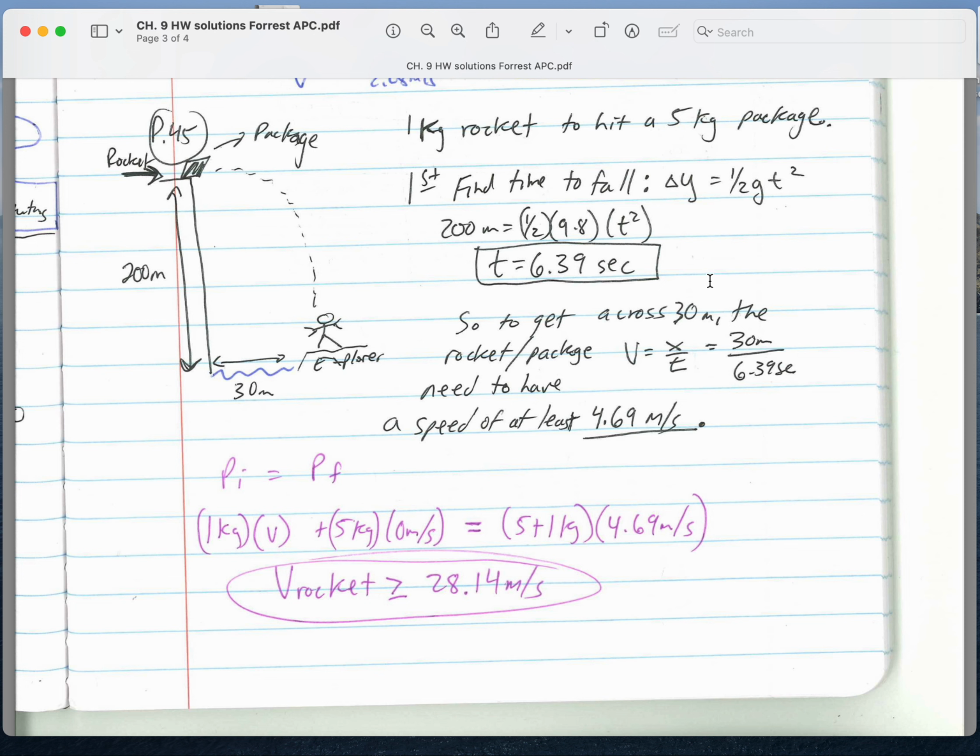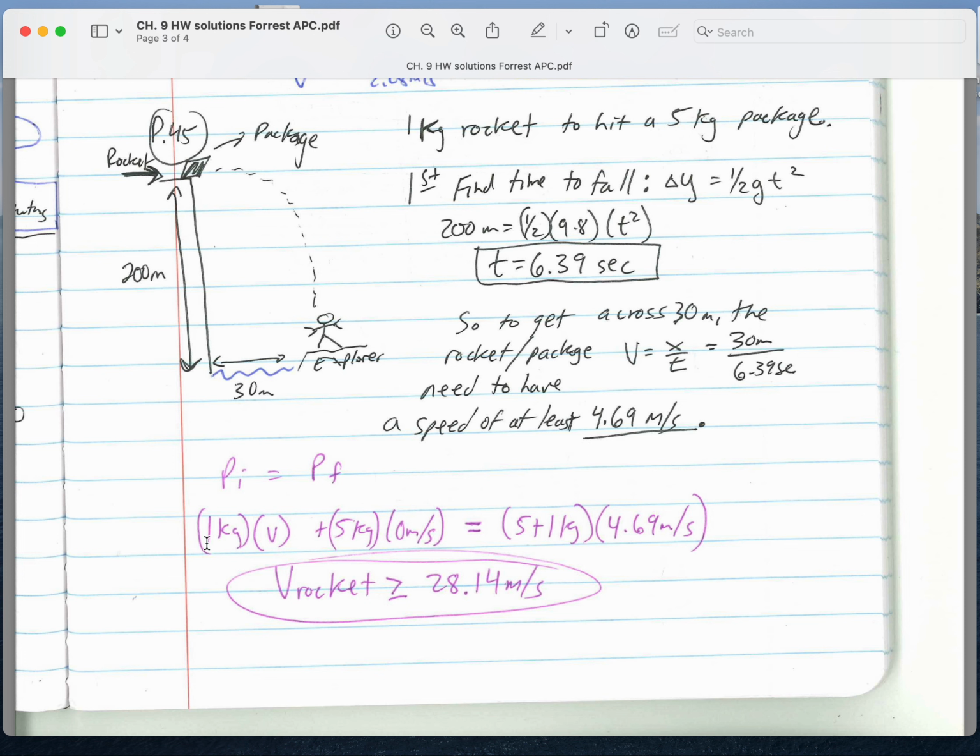Then, to get across the 30 meters, the rocket and package need to therefore go 30 meters in that time, so that's about 4.69 meters per second. The package is initially at rest, and you want to find the speed of the rocket. So I use conservation of momentum, because that works during all types of collisions, whether they are elastic or inelastic.